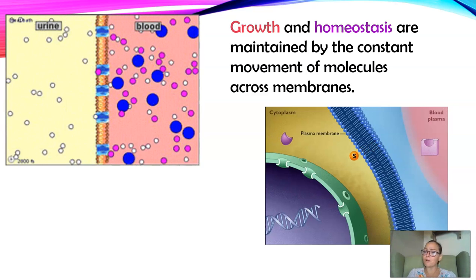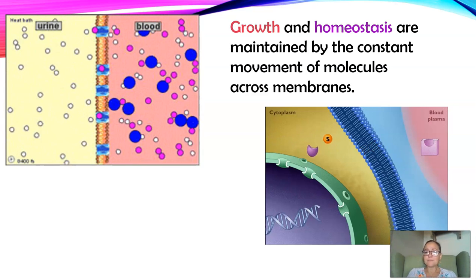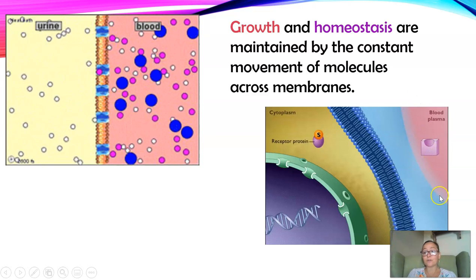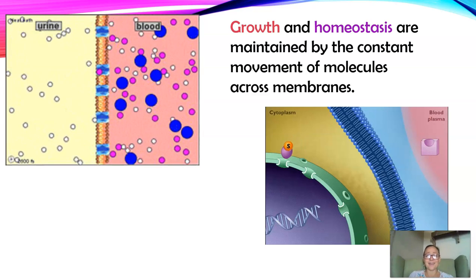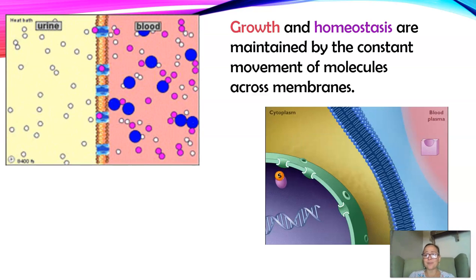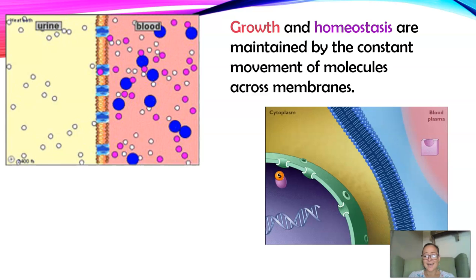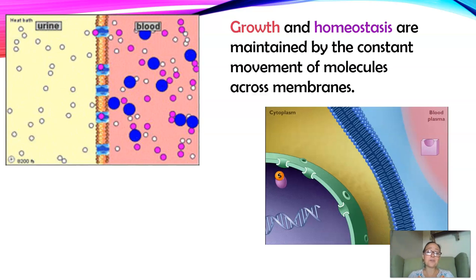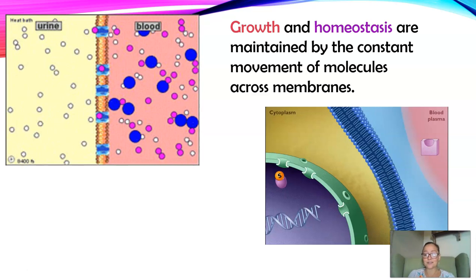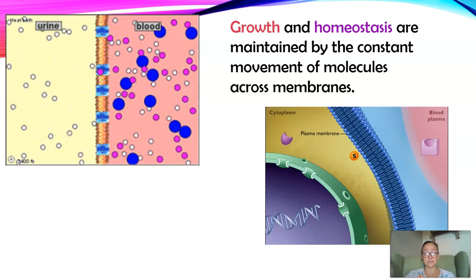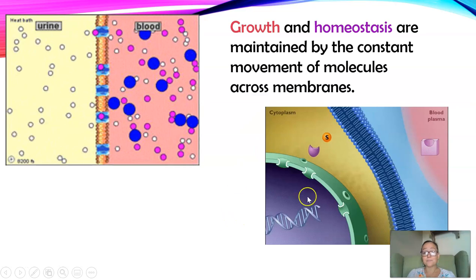But also with growth here, I'm assuming that this standard is referencing growth hormones or other hormones. And when it says movement of molecules across membranes, I'm wondering if they're talking about steroid hormones. So your sex hormones like testosterone and estrogen are steroid-based hormones that can diffuse right through that lipid bilayer.